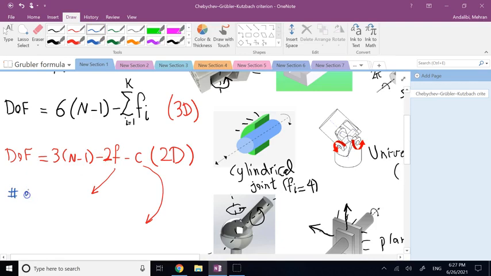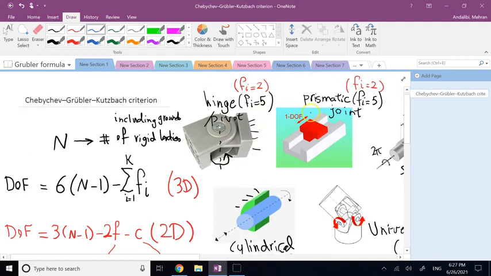This is called the number of low pairs, or surface to surface contacts. Like what? Like a pivot or a prismatic joint. These are low pairs, and there is surface to surface contact. Clearly, you see here that the 2 objects have surface to surface contact.